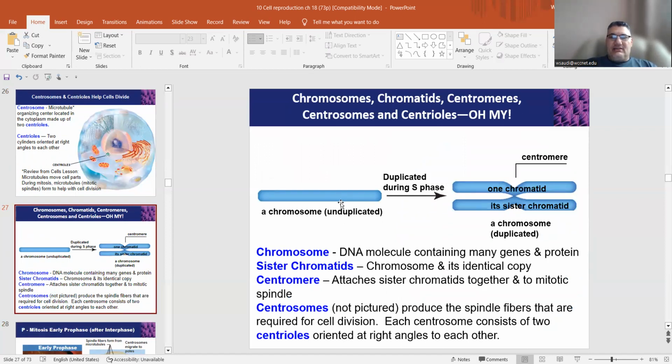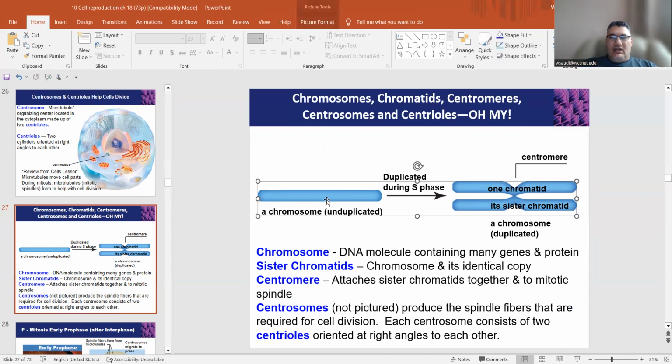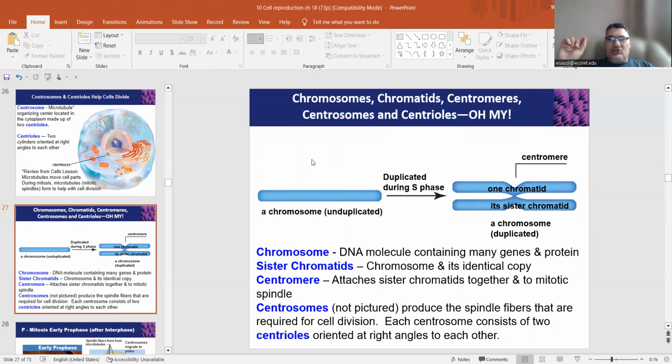So if you look at this chromosome, let me ask you this. Is a chromosome DNA with protein that is condensed or loose? I'm telling you that chromosome is DNA around protein called histone. Is it loose, which is uncondensed, or condensed?